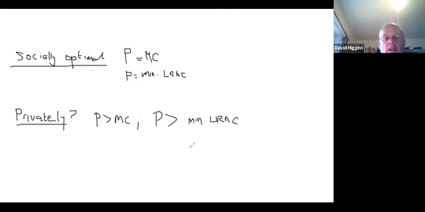Another point which is related to this is that if you look in your textbooks, you may sometimes see reference to what is called X-inefficiency. And what that means is that in a monopoly, there is no guarantee that firms will operate on the lowest possible long-run average cost.